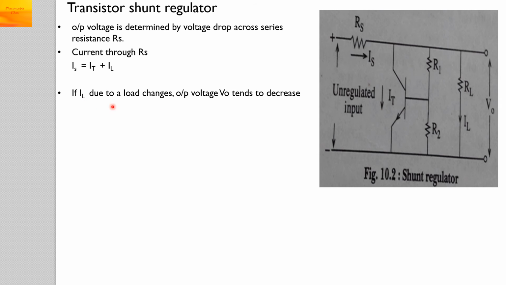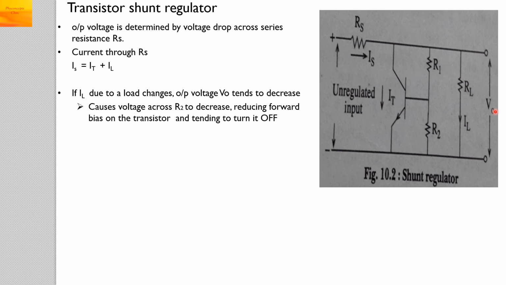So if IL changes due to the load, then the output voltage VO tends to decrease, and this will cause the voltage across R2 to decrease, and this voltage is actually the voltage going to the base of the transistor. So there is a decrease in the forward bias voltage going to the base of the transistor, and it turns the transistor off.